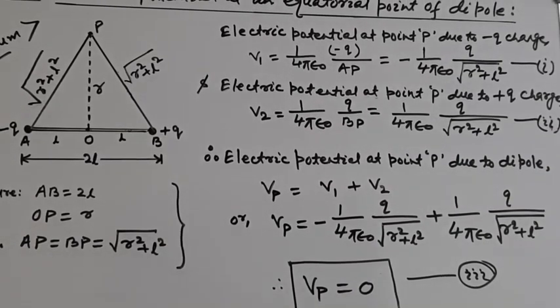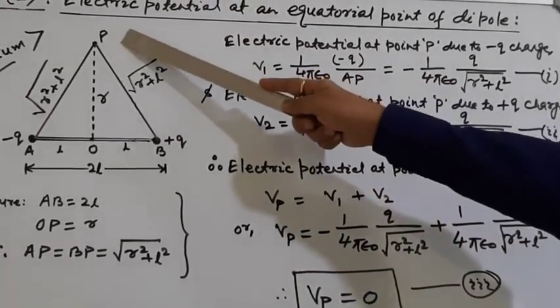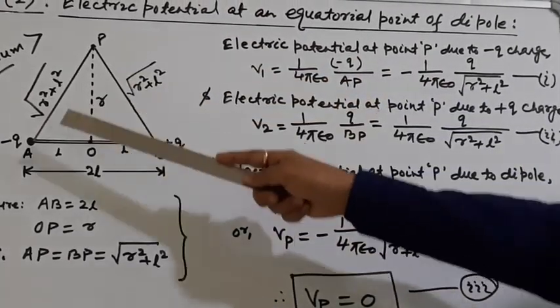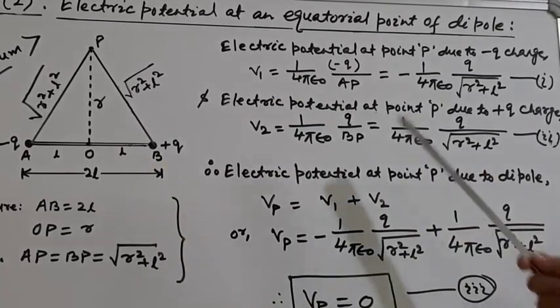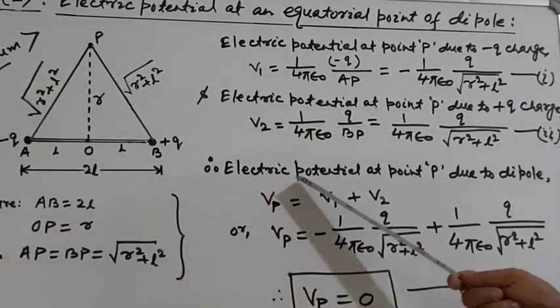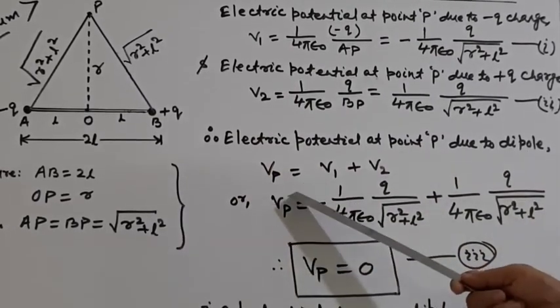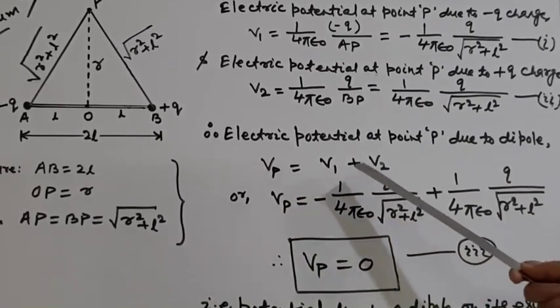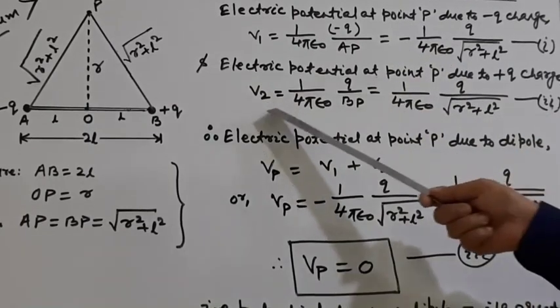So then the total potential at point P due to this dipole will be the summation of both the potentials V1 and V2. So for the electric potential at point P due to the dipole, Vp is equal to V1 plus V2. Now put the values of V1 and V2. V1 is here and V2 is here.